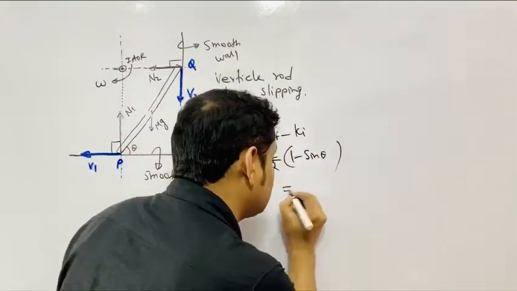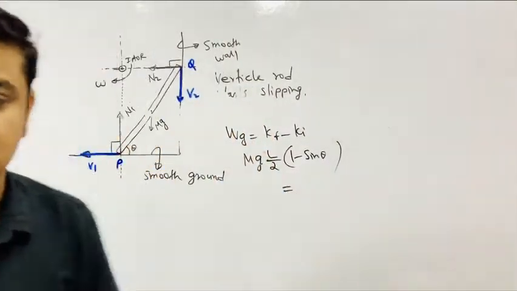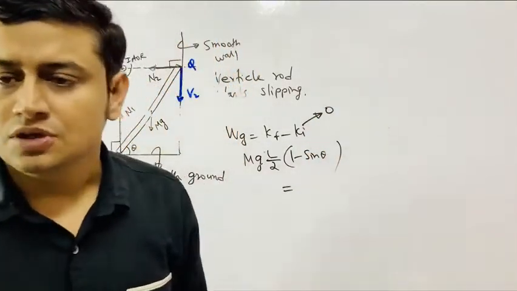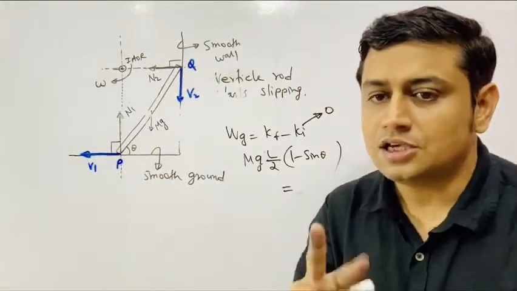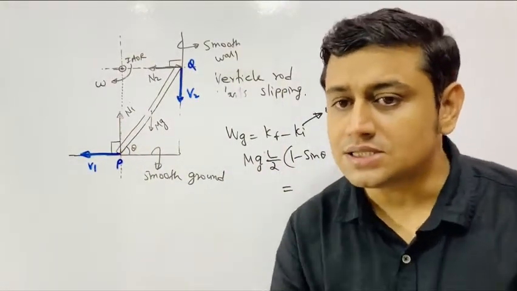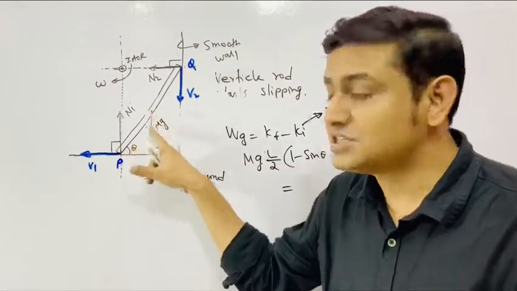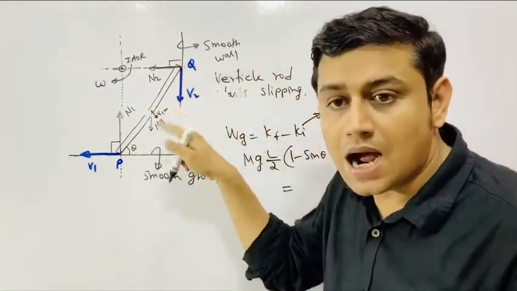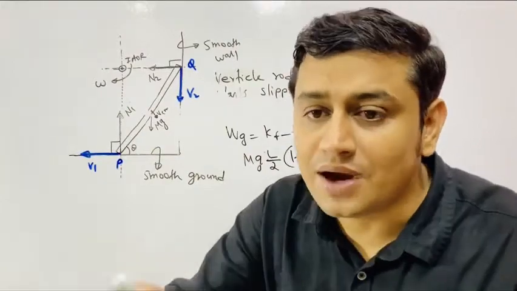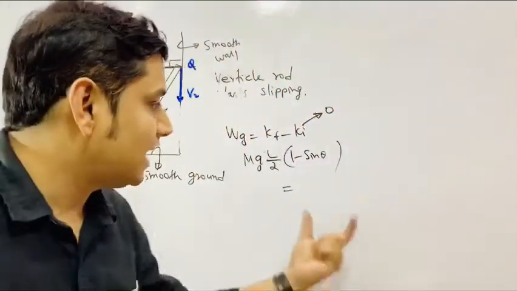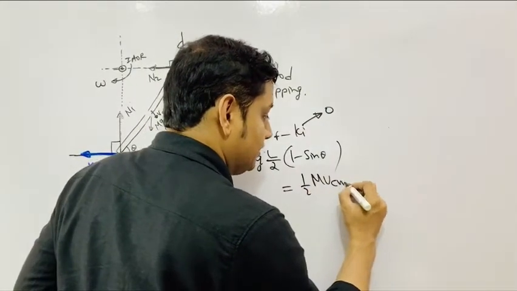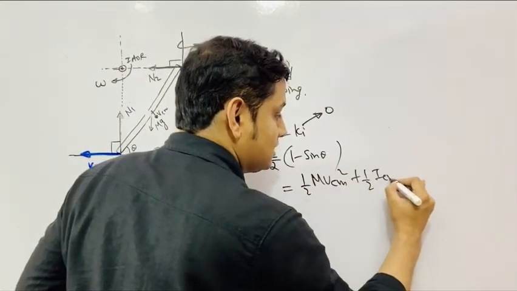It must be equal to the gain in kinetic energy. The kinetic energy initially is 0. Now kinetic energy final is two types of kinetic energy. One is translational, because VCM is moving, because the center of mass is moving with some speed: half m VCM square plus half ICM omega square.